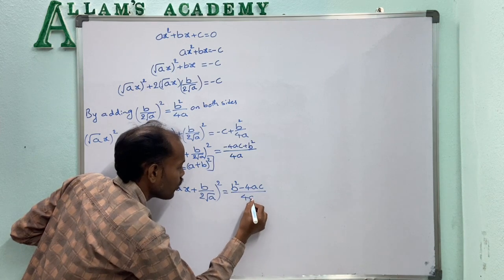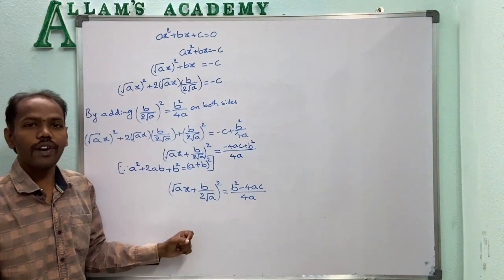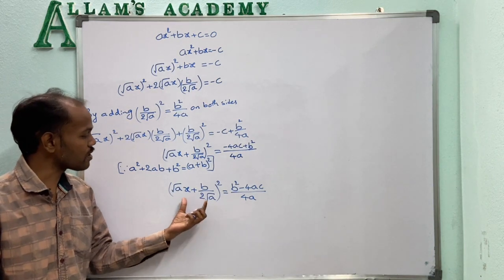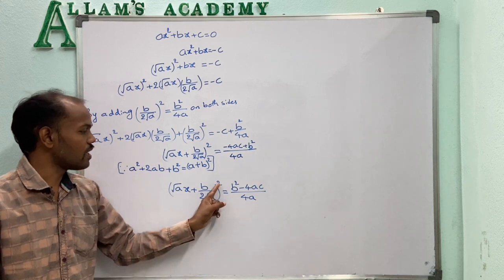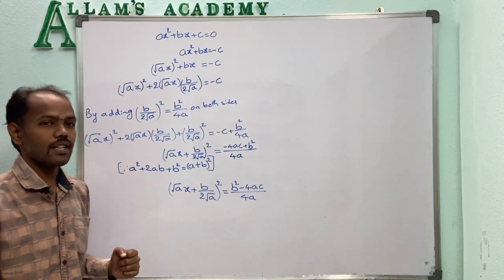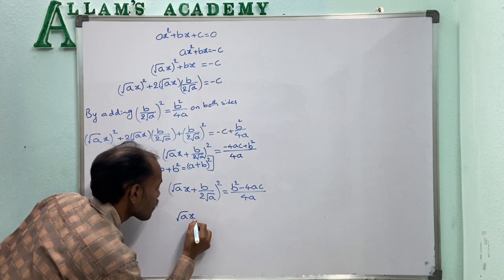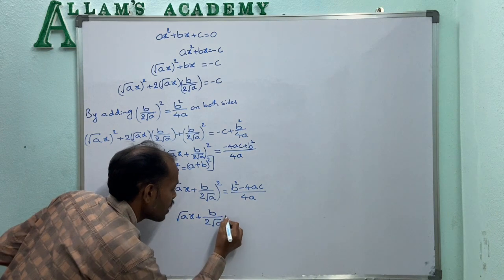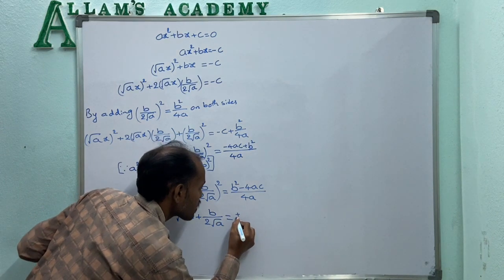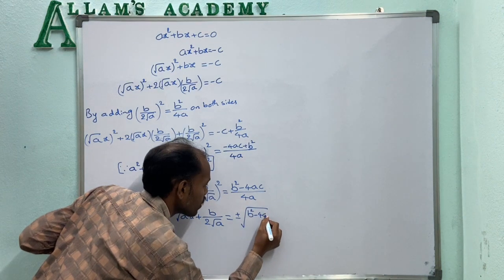Now to find the x value, here it is a perfect square. So taking the square root on both sides, the square will be cancelled, and then we have a chance to find it. So root a x plus b by 2 root a is equal to plus or minus under root b square minus 4ac by 2a.